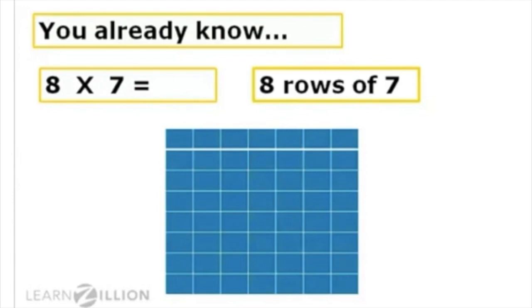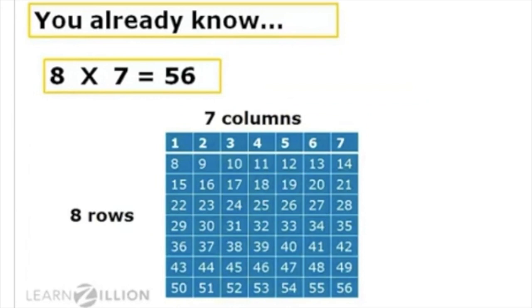We can show this by using an area model that is 8 rows with 7 square units in each row. We can find the product of 8 times 7 by counting the total number of square units inside the rectangle. We see that there are 56 total square units inside our rectangle. So the product of 8 times 7 is 56.